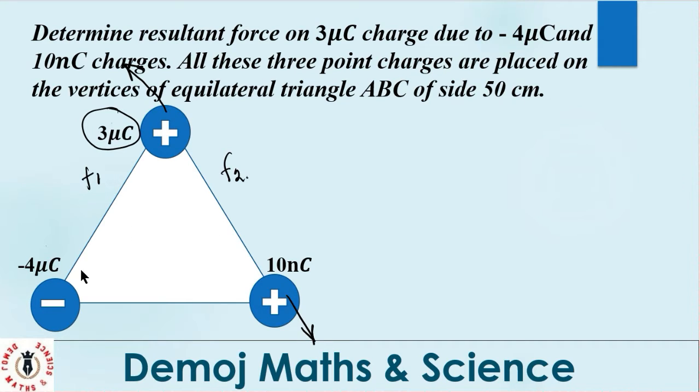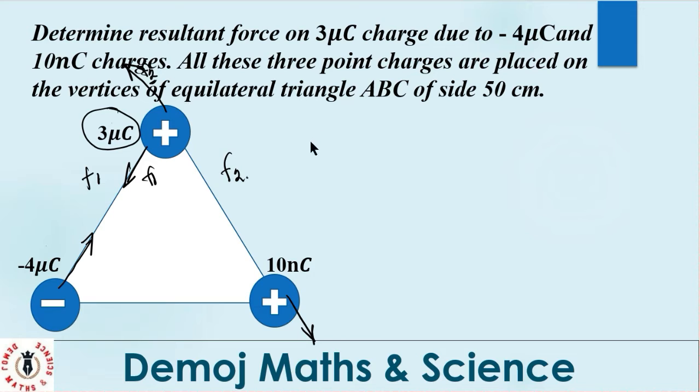But the 4 microcoulomb is a negative charge, while the 3 microcoulomb is a positive charge, so here we'll have a force of attraction between them. So I should have it this way. So we'll be talking of two forces on the 3 microcoulomb: F1 here, and also F2 here.